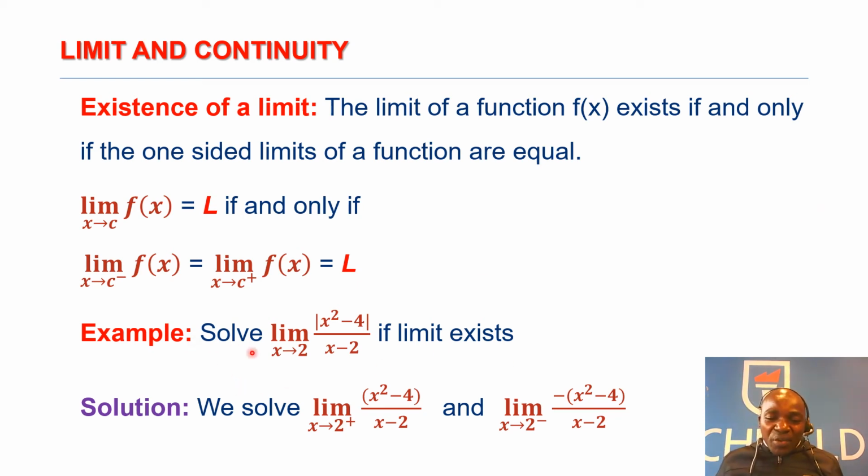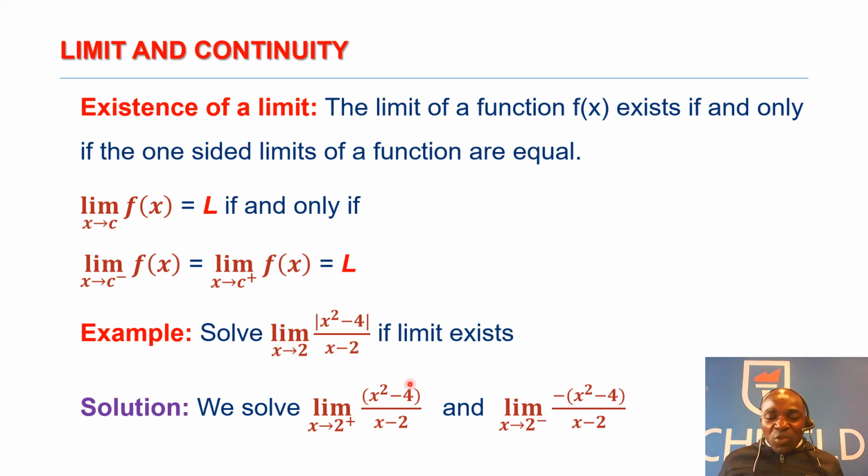For example, we have a question that says solve the limit of the absolute value of x squared minus 4, divided by x minus 2, if the limit exists. The lines around the numerator simply represent absolute value, which means this value takes both positive and negative values. So when you approach the solution of this question, you need to solve the approach from the positive side.